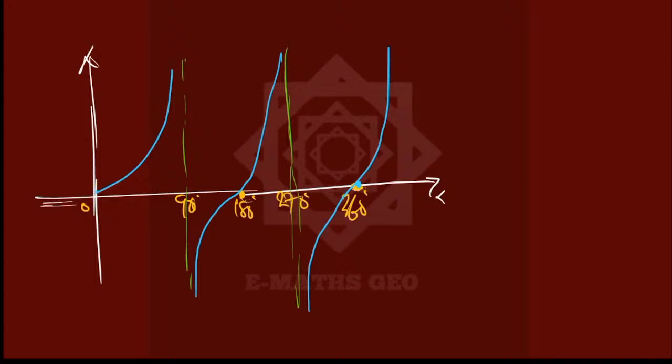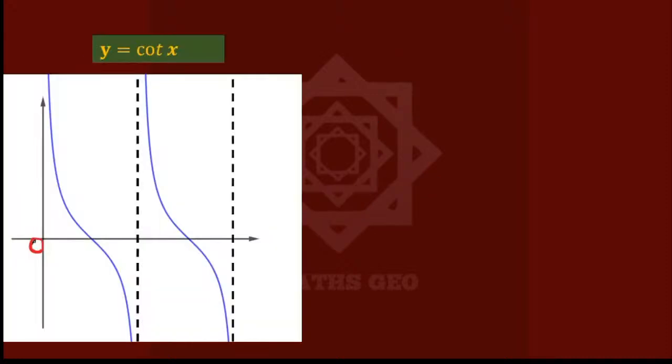We know that cot x is 1 over tan x. So where tan is 0, that's 0, 180, 360, there will be a vertical asymptote for cot. That's 180 and 360.